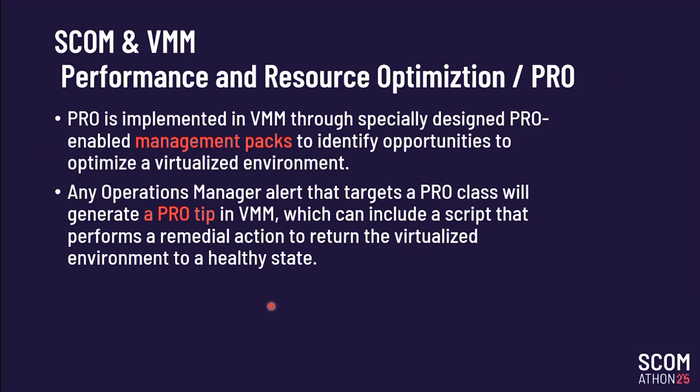Whenever there's an alert that targets a class which is enabled for so-called performance and resource optimization, like for example disk usage, there's a PRO tip, or a hint, which gives you suggestions for performance improvements.